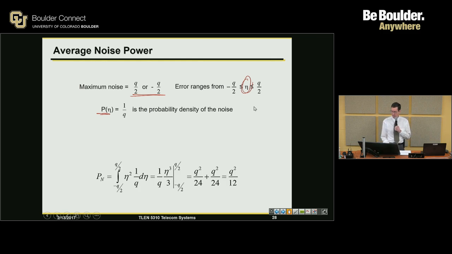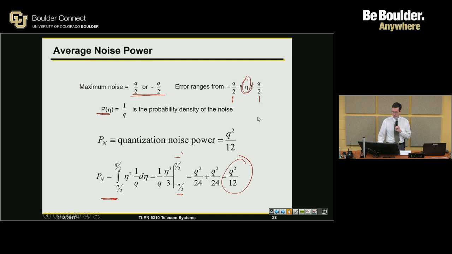So I do that by integrating the noise between minus Q over 2 and plus Q over 2. I integrate what's under that curve. If I do that integration and evaluate it at the endpoints of minus Q over 2 and plus Q over 2, I get Q squared over 24 plus Q squared over 24, over Q, which equals Q squared over 12. So that's my noise power, the quantization noise power.